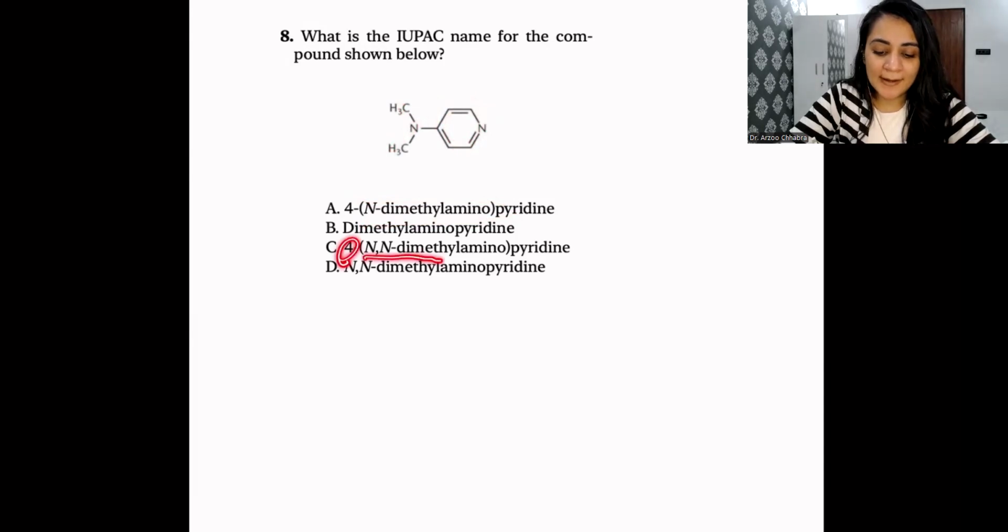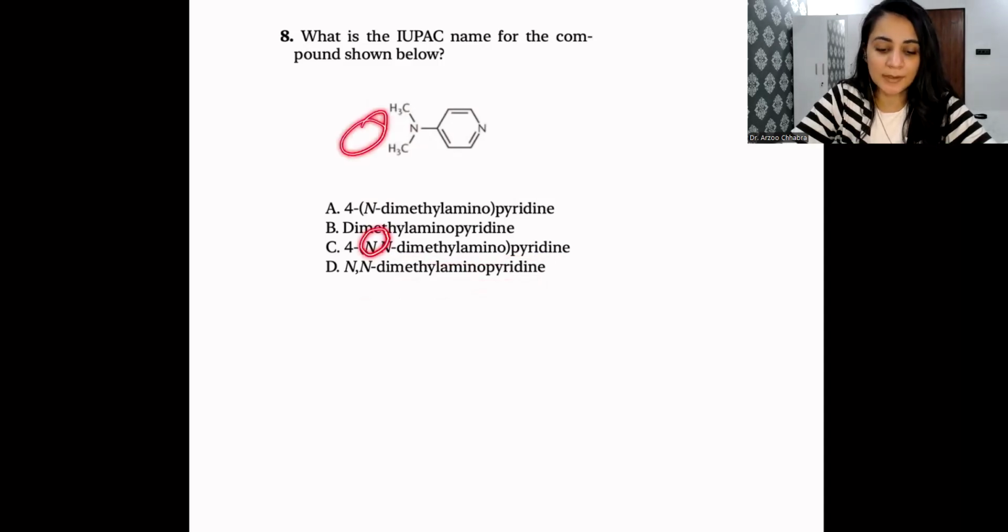For an N-dimethylaminopyridine, when we really talk about a tertiary amine, so this is a tertiary amine, when there are two substituents present at that nitrogen, it has to be labeled with N, N. So it would actually be N-dimethylaminopyridine. And the next option is N, N. And of course, we have to make sure we are writing N, N, right?